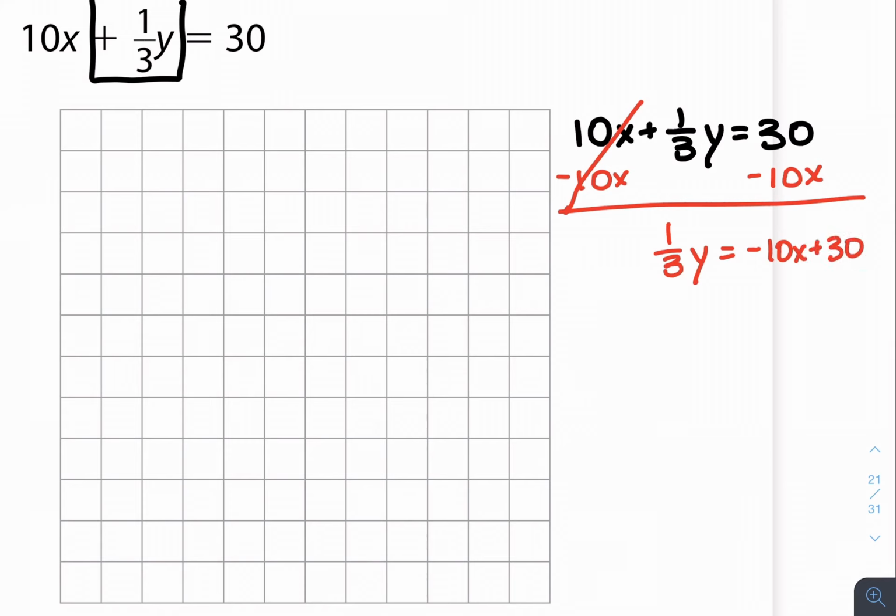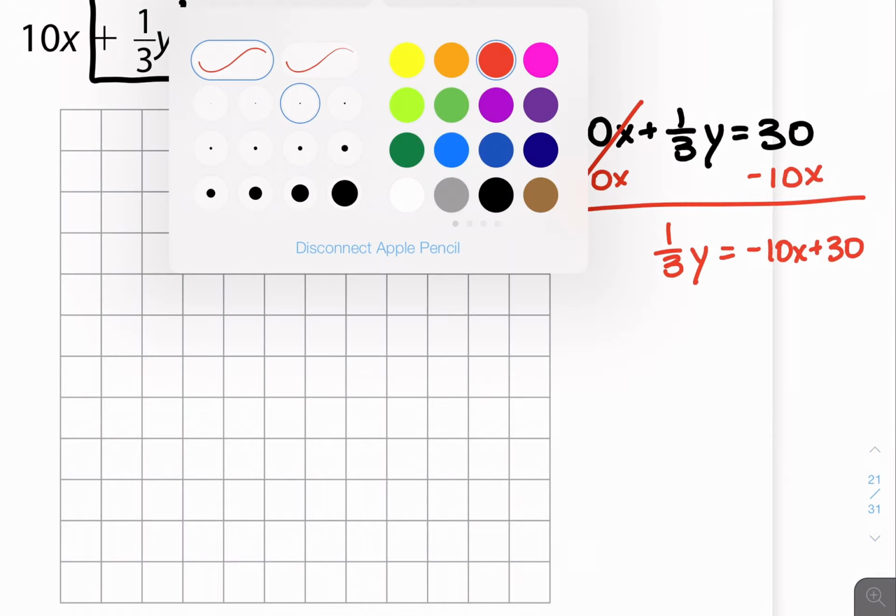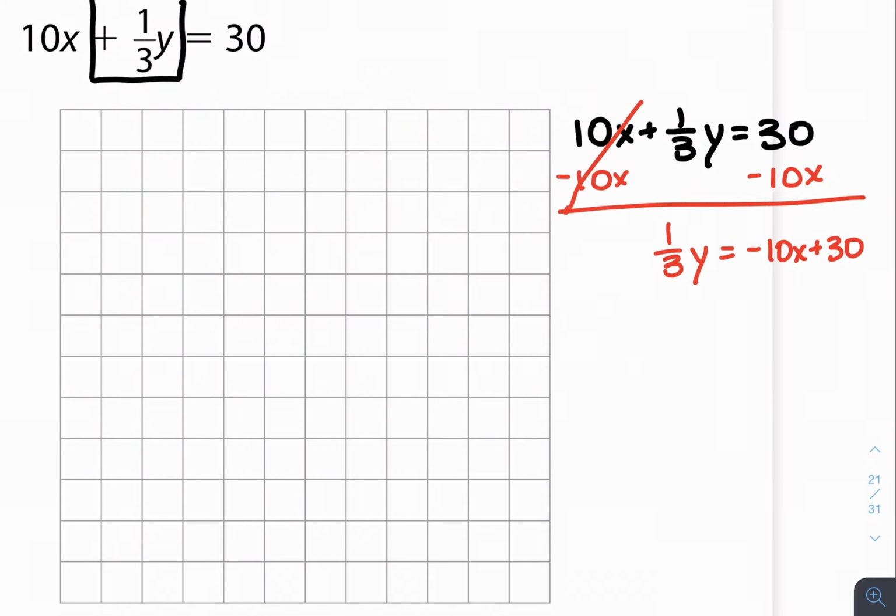And now you can take one of two steps. You can decide to divide both sides by 1/3, which looks extremely messy, or you can decide to multiply both sides by 3, which looks super clean and does the same thing.